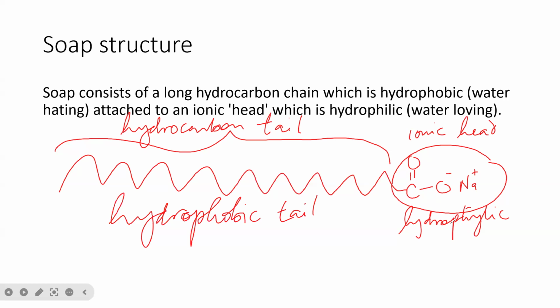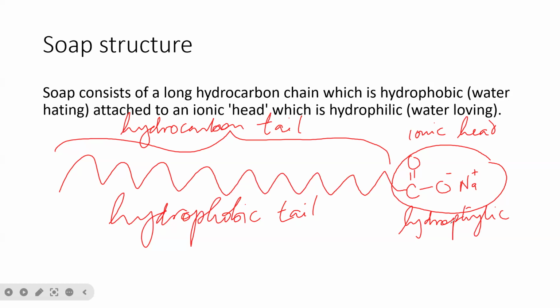Phobic means fear or withdrawal from. Hydro means water in this case. Phobic means fear or dislike.